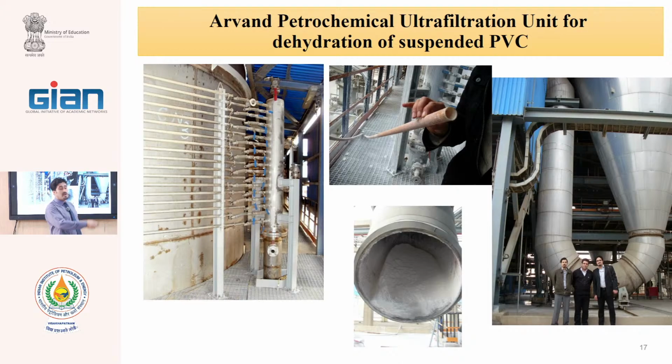This spray dryer is very big, with a 30-meter height, and the heated concentrate of UF is sprayed from the top, and by the time it reaches the bottom, all of the water is vapor, and the powder reaches the bottom of this spray dryer. Therefore, tubular UF can be used for separation of particles from suspensions.